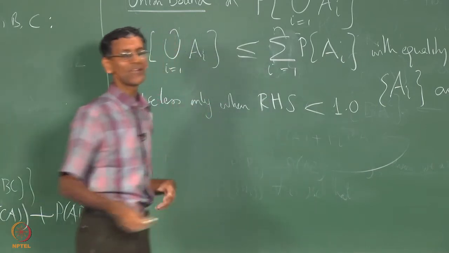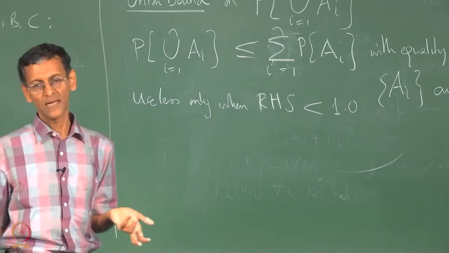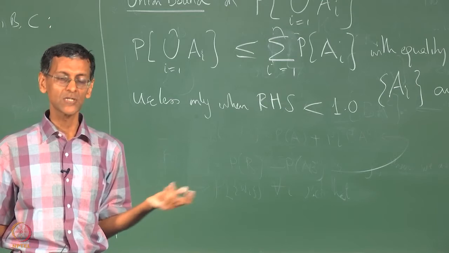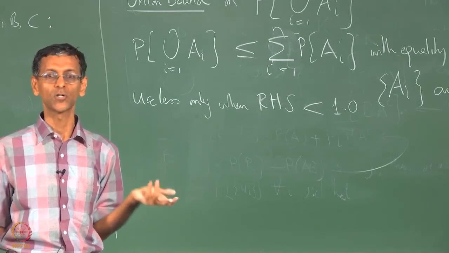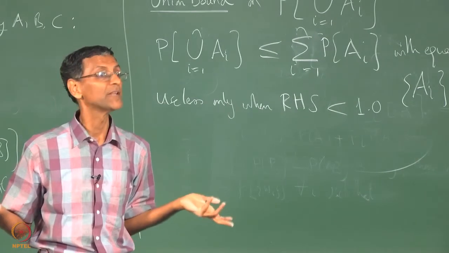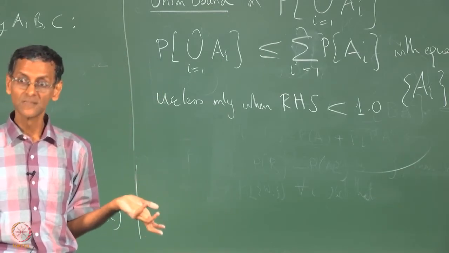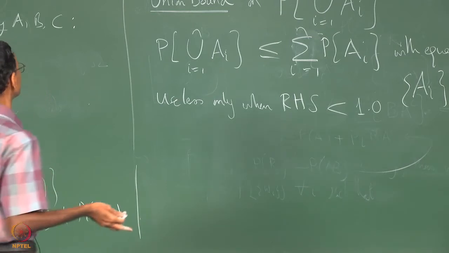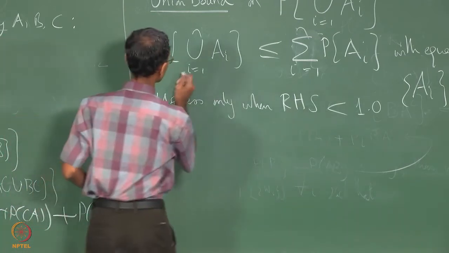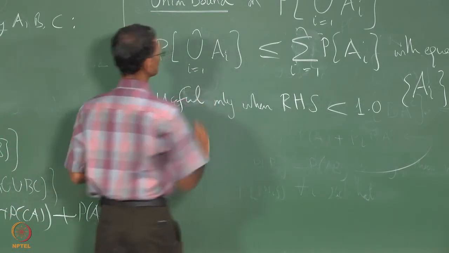You know that any probability is at most 1. So there is no point in saying my upper bound is 2 or 3. Upper bound is 1, period, by definition, by construction. Sorry, this should be useful.